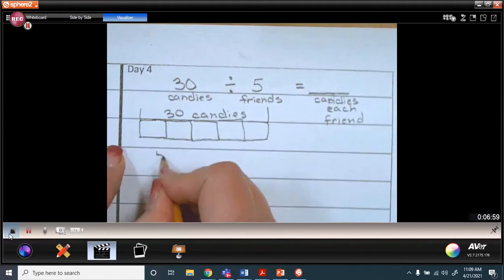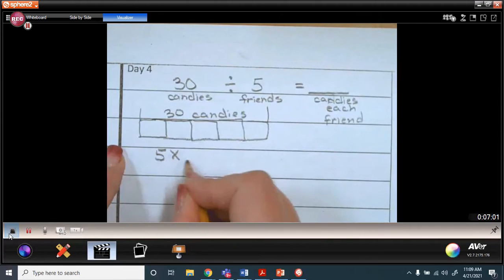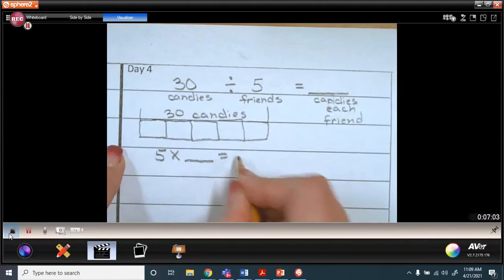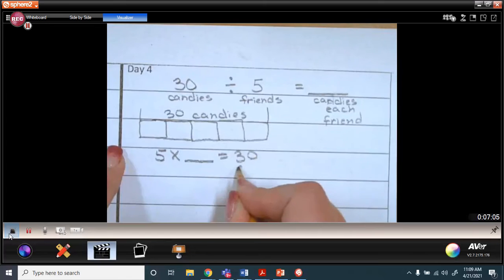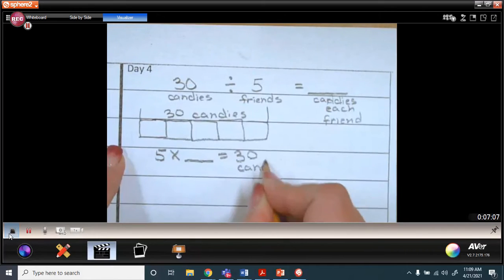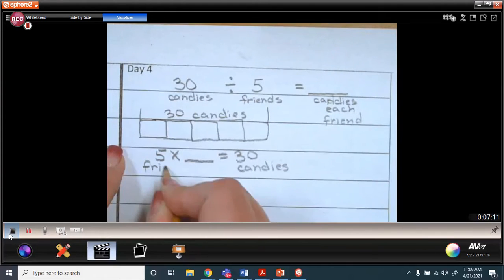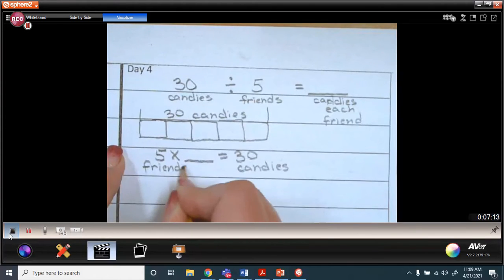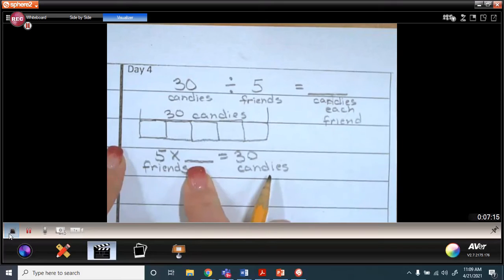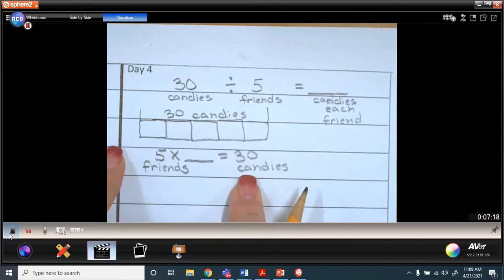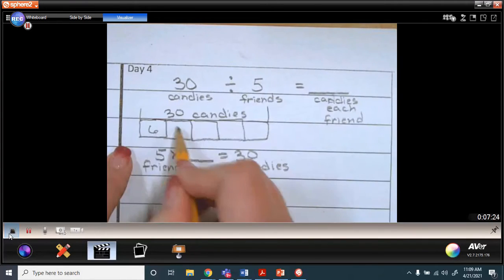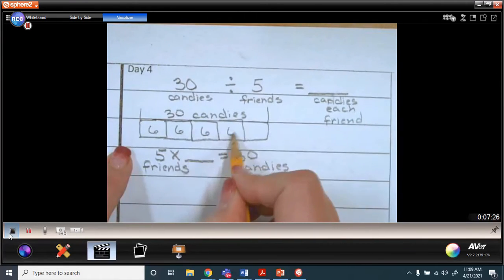Now, if you know your multiplication facts, and that's why we need to make sure that we know them, we can use what we know about multiplication to help us with our division. So 5 groups of what is going to give me 30? Well, knowing your 5s is fairly common in 3rd grade. We could put 6 in each group.